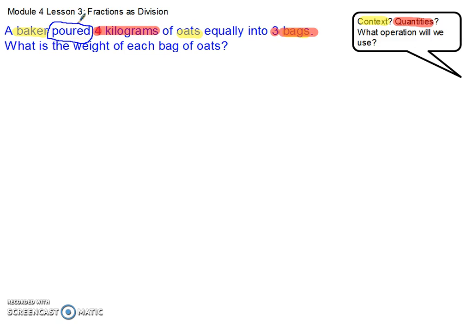And if you think about poured, what you're actually doing is you are dividing. And so if you're not quite sure what that action word means, you want to think about other synonyms or words that are similar to that action and which operation that would fit into. And so we know now that the operation that we're going to be using is dividing.